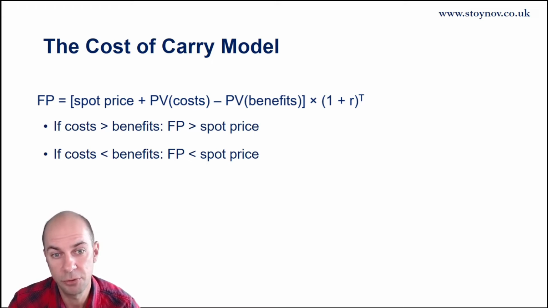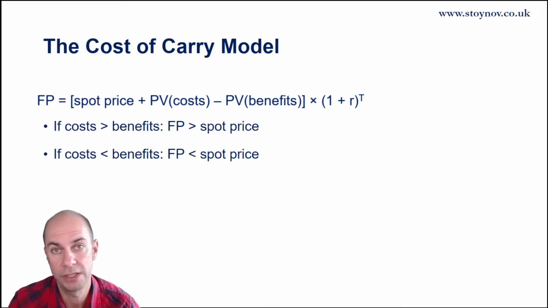And then we are subtracting any benefits of carry. For financial assets, that would be dividends and coupons. And for physical commodities, the main one that we will be talking about today is convenience yield, in a few slides' time. So key point here, to prevent arbitrage, we're going to have a cost of carry model.